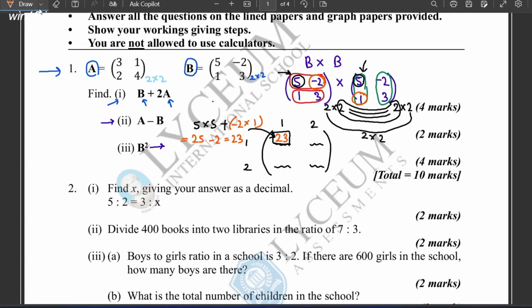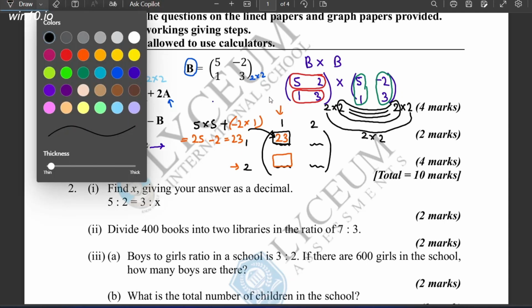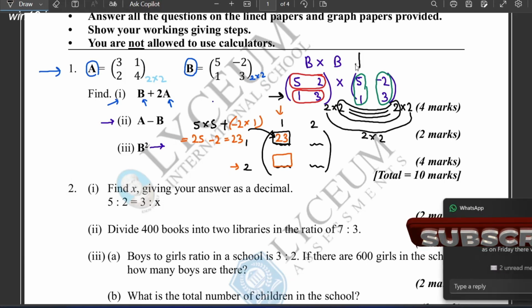Now if we want this element, tell me what is the row? That's second row, first column. So now we have to get the second row and first column. The second row is this, the first column is this.